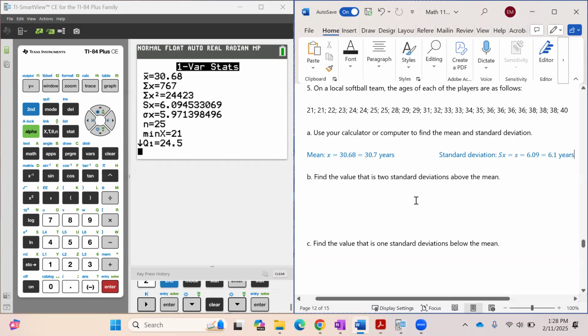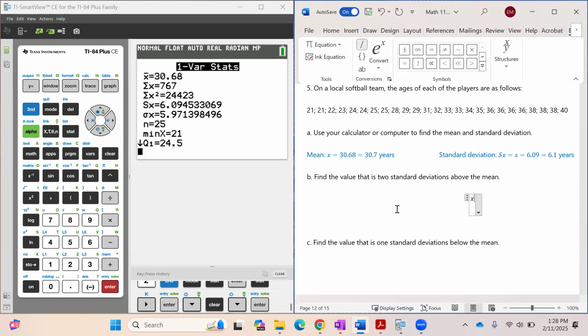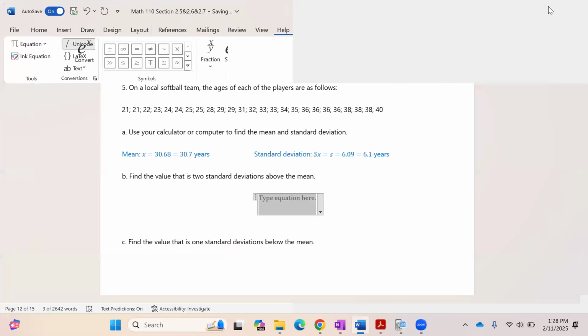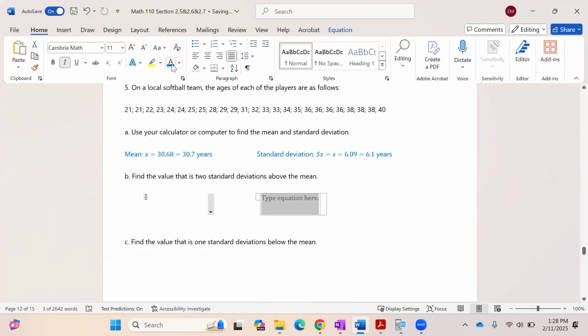So question B says, find the value that is 2 standard deviations above the mean. So what this comes out to is we're going to have a set of x. Let me zoom this in. So we have x equals our mean, so 30.7, plus we want to know 2 standard deviations above.